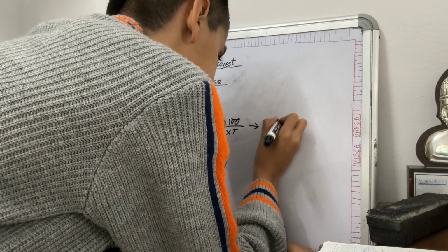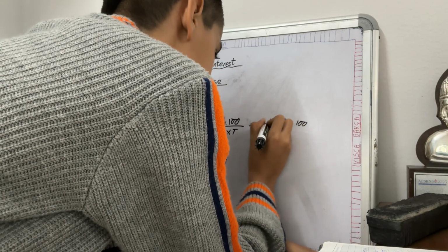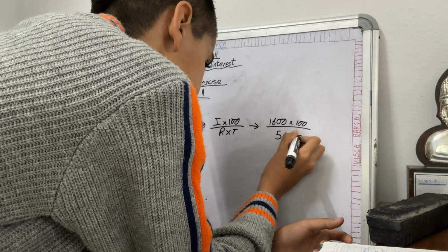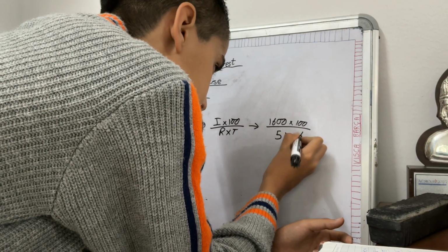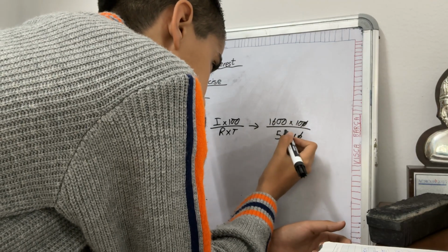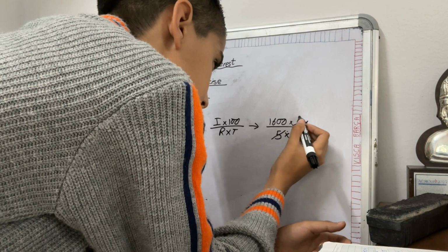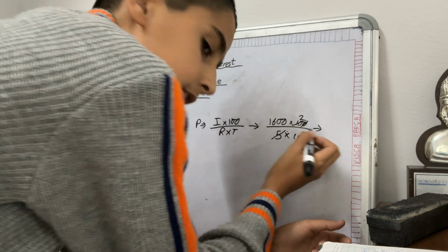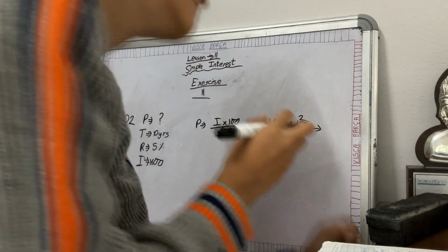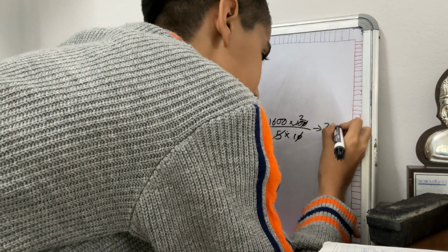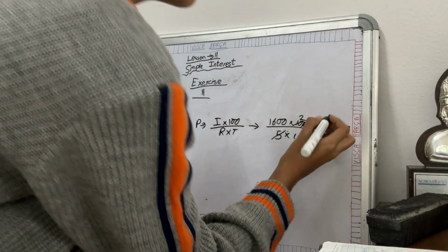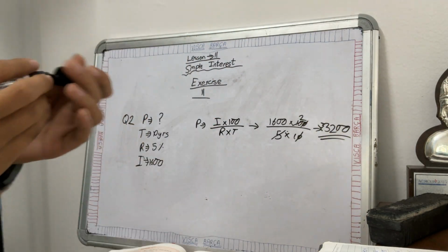So, 1600 into 100 upon R, 5% into 10. So 0 cuts 0, this is 2. So now 1600 into 2 is 3200. So what is the principal amount? 3200 rupees.